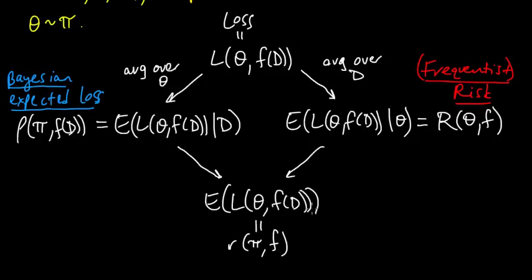But here we're averaging over d, so it really depends on the whole function f. We can't just put f of d here. And this is called, let me put that in purple, the Bayes risk.